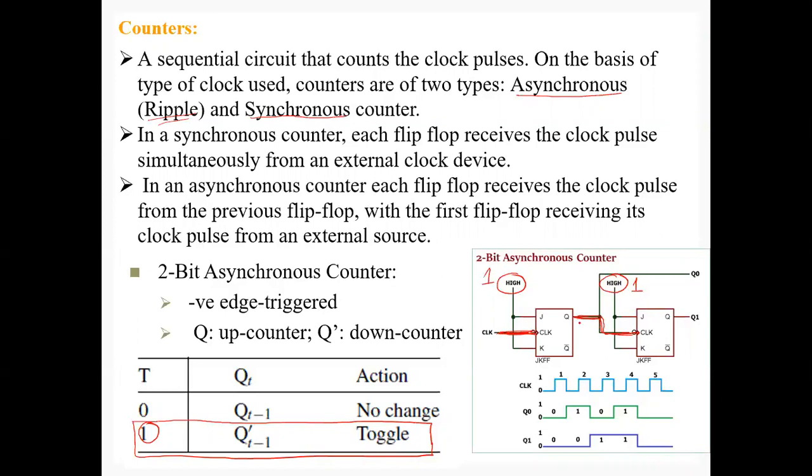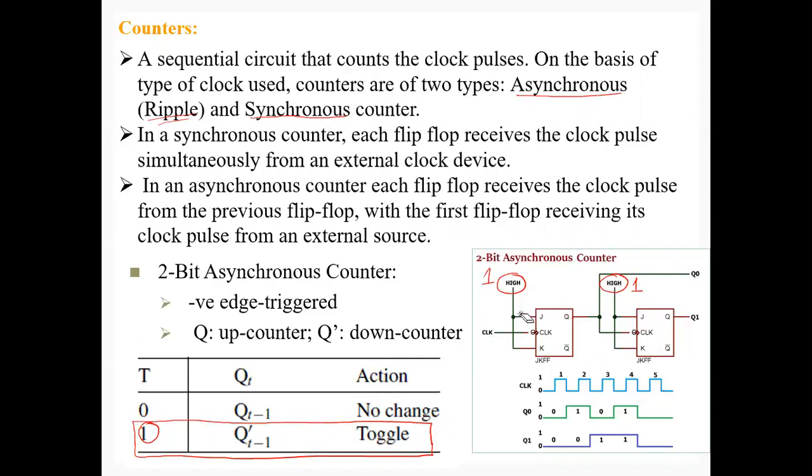First, then the second gets from the first. This guy gets from the external source, and this guy gets from the first flip-flop. This kind of counter is called asynchronous, okay?